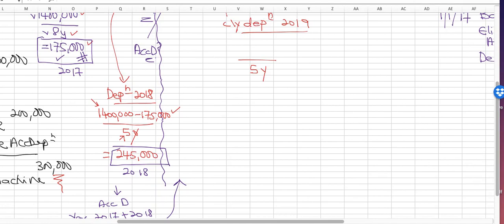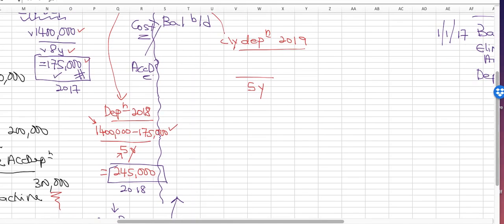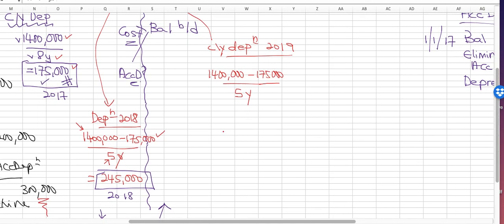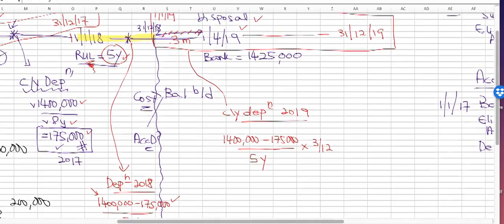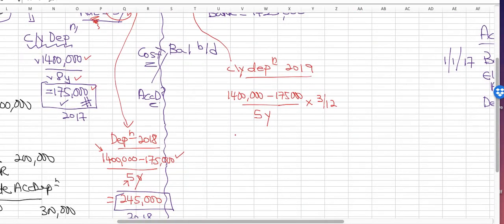So actually you get 245, right? Okay, let me show you the same one: 1400 minus 175, times 3/12 because 3 months only. So you will get 61250.